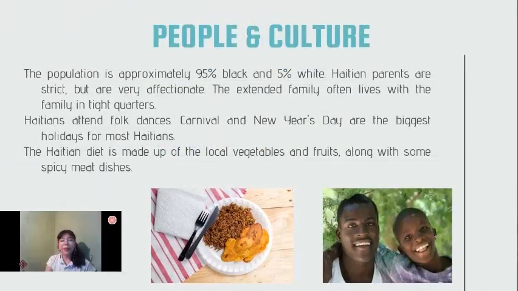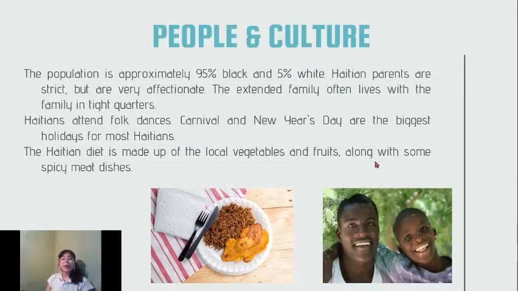We've got their people and their culture. The population is approximately 95% black and 5% white. Asian parents are strict, but they are very affectionate. The extended family often lives with the family inside quarters. Asians attend folk dances.